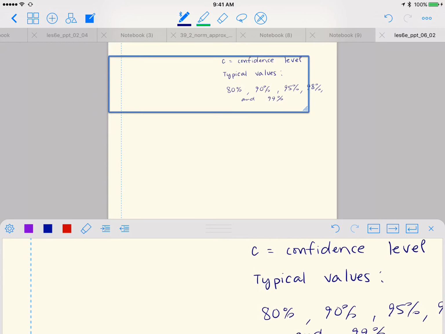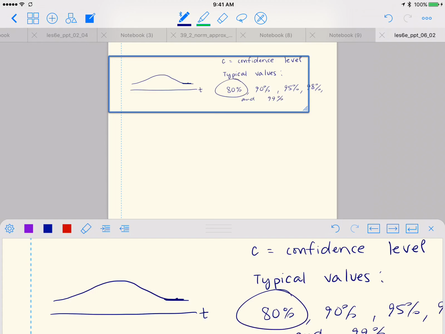Now, corresponding to each of those, imagine we've got a t-distribution, so the tails are thicker. Okay, so this is my t-distribution. Let's take the example of 80%. So the mean is still 0, because that's one of the properties of a t-distribution. And this has, I don't know how many degrees of freedom. Maybe the degrees of freedom equals 5.